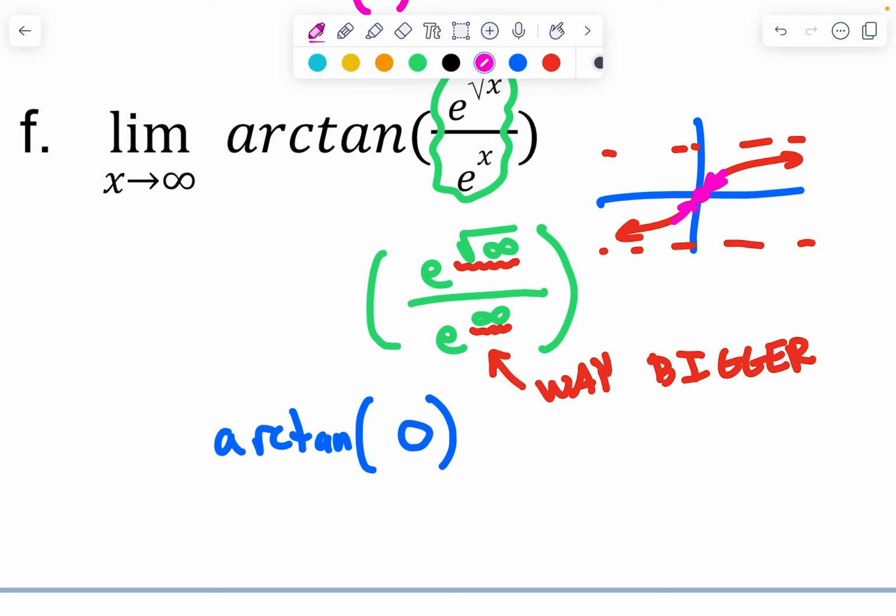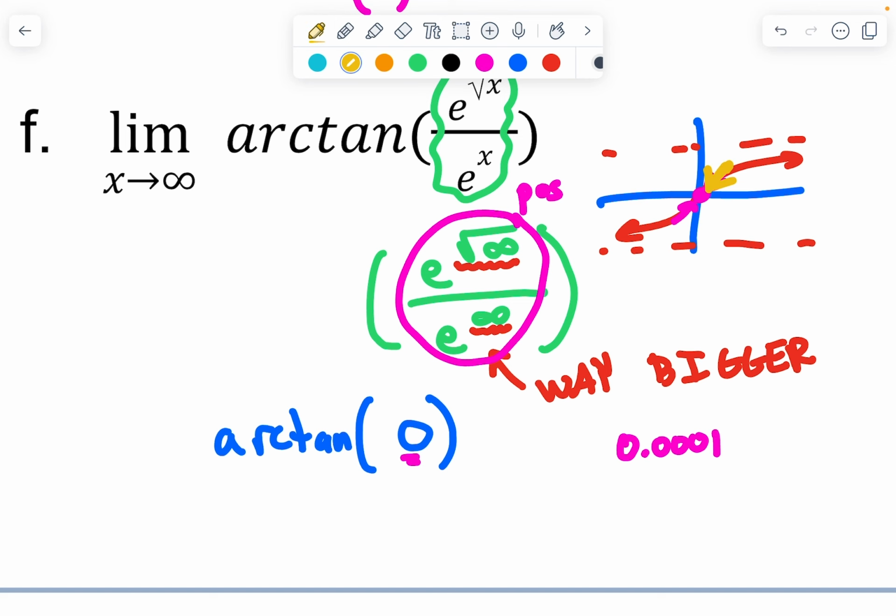In this case, we'll be approaching it from the positive direction because this all comes out positive, so like 0.0001. So we're actually coming at it from this way, not the other way. But it doesn't matter because we're approaching the same thing. So arctan of 0 is 0, so this whole limit is equal to 0.